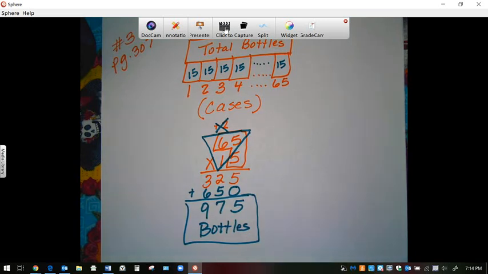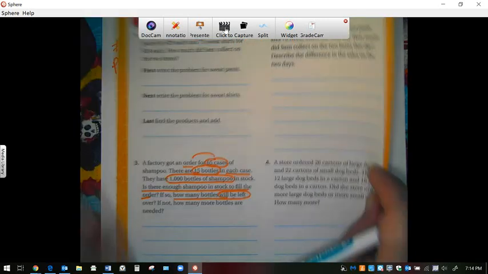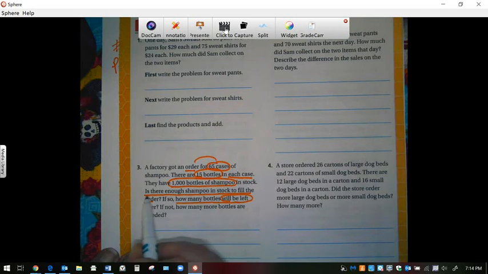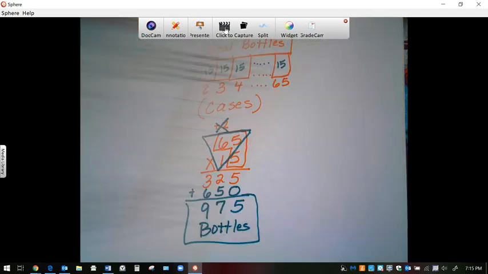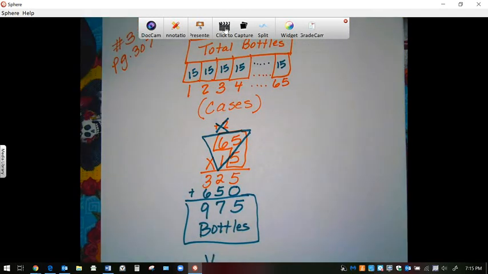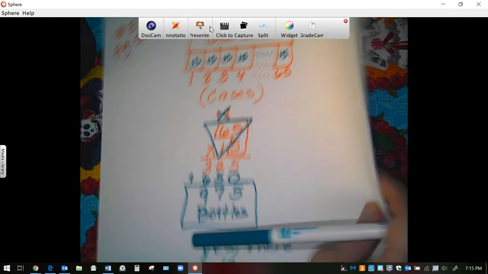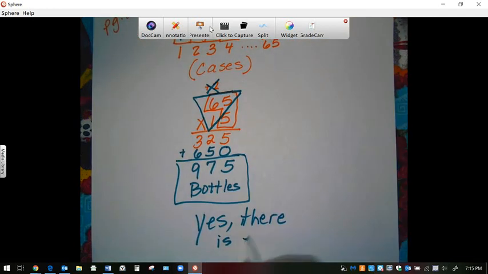And if we look at the problem, the question said, is there enough shampoo bottles in stock to fill the order? And the order, he needed 1,000 bottles. So is there enough? Yes, there is enough.